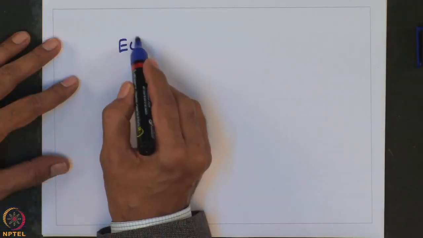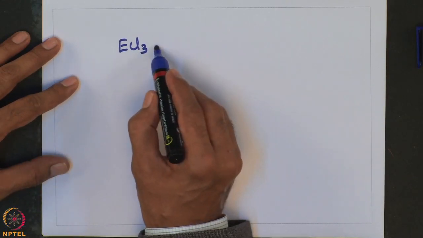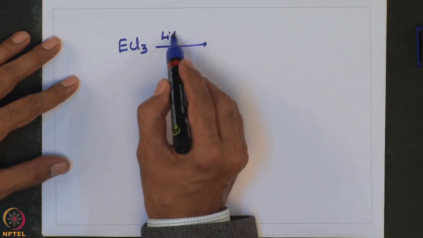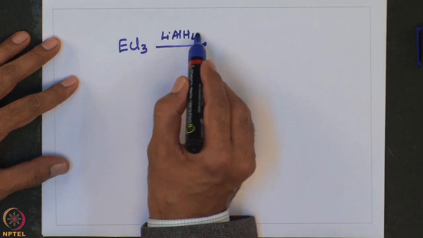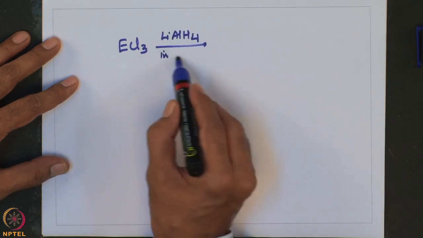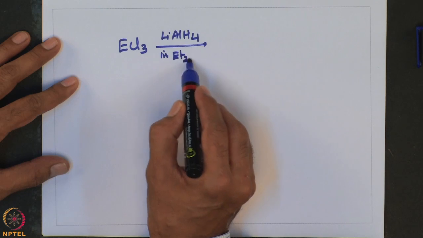Trihydrides of heavier elements are best made by treating lithium aluminum hydride with their corresponding metal trichlorides. For example, a general equation involving the preparation of these trihydrides is ECl3 plus lithium aluminum hydride in ether, preferably in ethers.